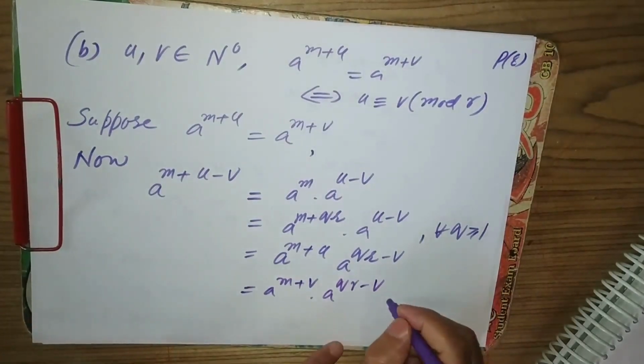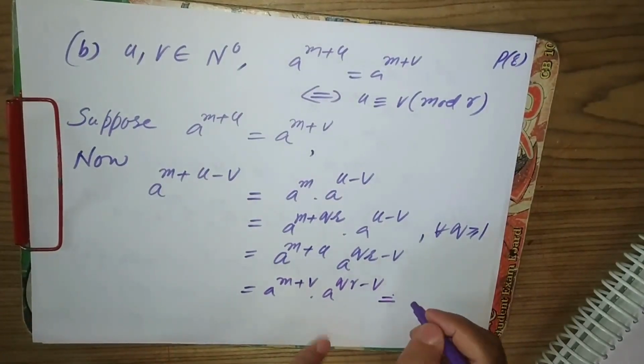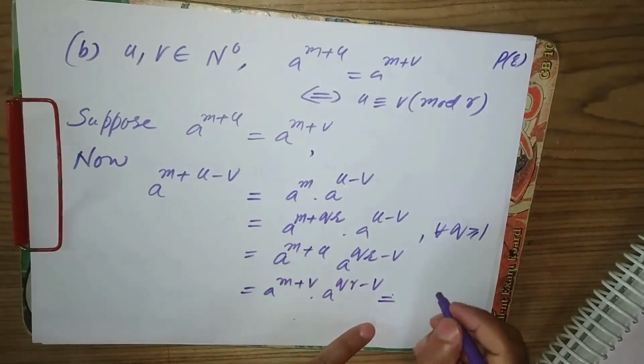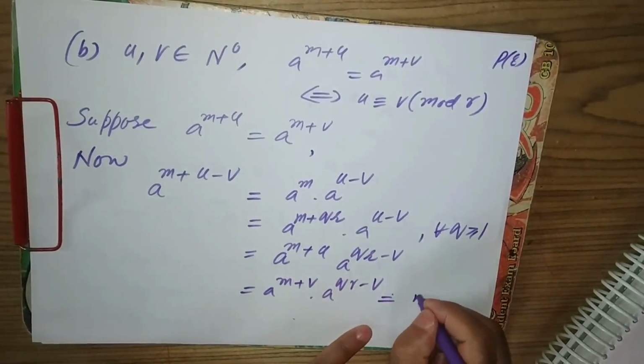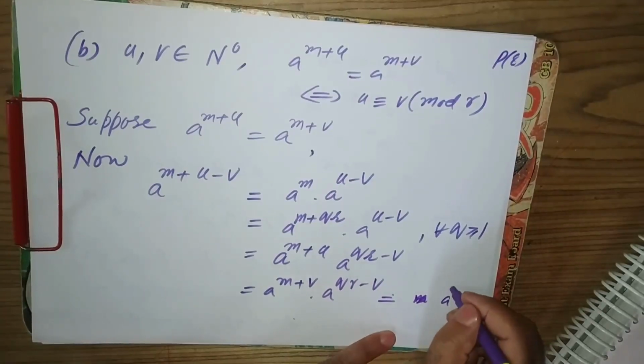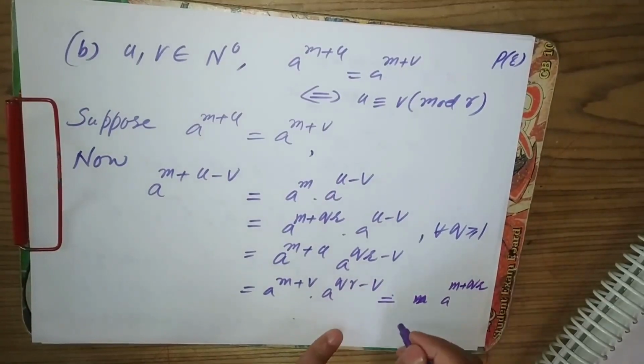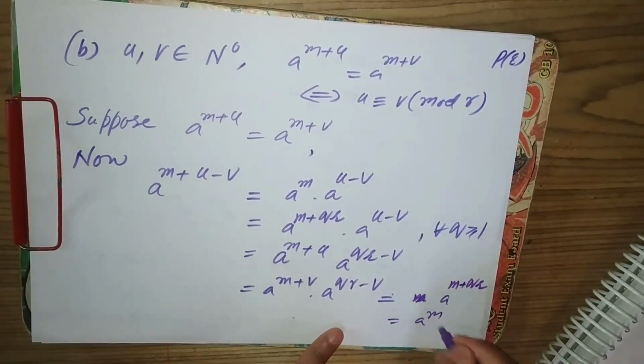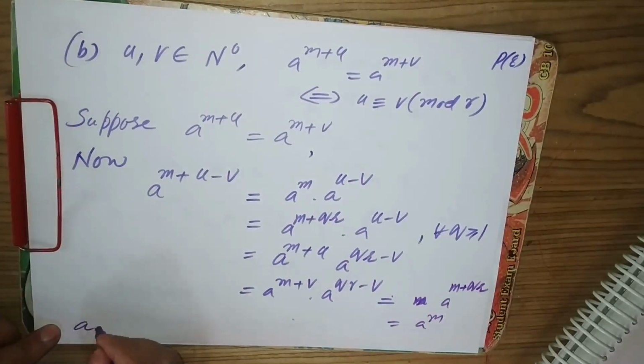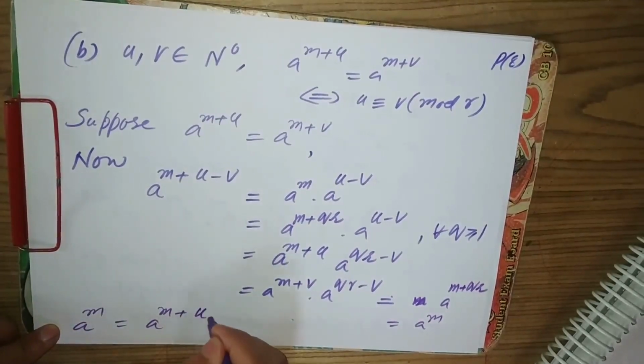So that implies, now v and v will go, it's equal to A power m plus qr, that's equal to A power m. So thus we have A power m is equal to A power m plus u minus v.